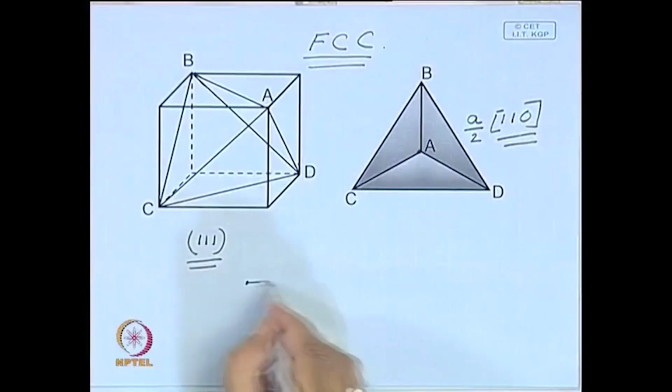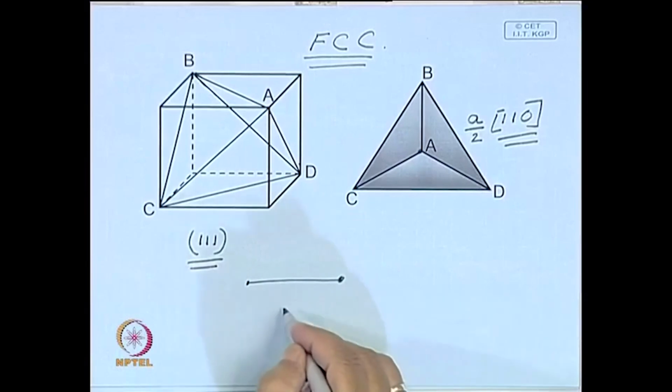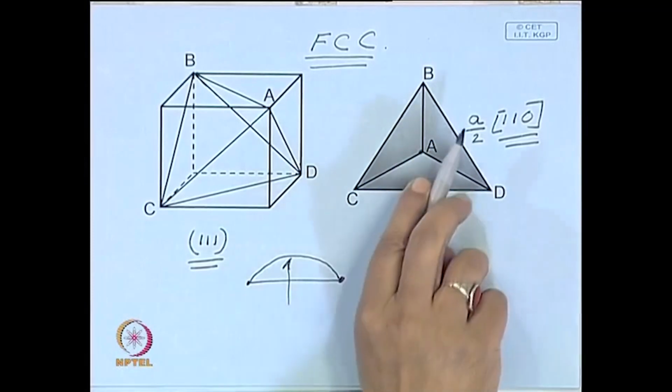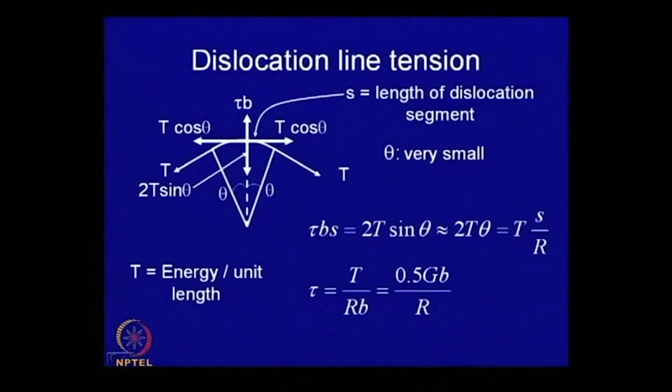Now, suppose this is a string and you are applying a stress, then this will try to bend like this. Something similar is happening, which is shown over here. This is the dislocation line, and along the line there is a line tension acting on it, and this is the stress which has been applied to the dislocation.